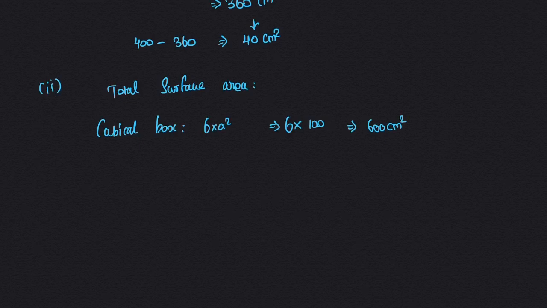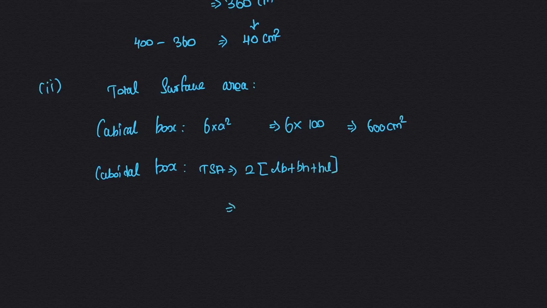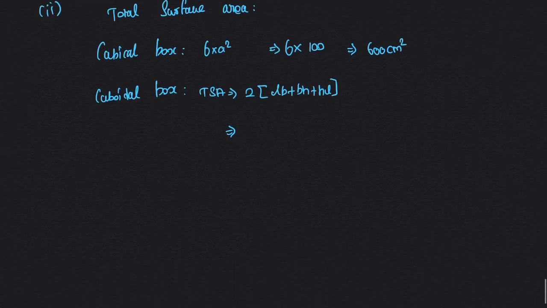Then the cuboidal box. So TSA is 2 times (LB plus BH plus HL). Just substitute the values: 12.5 multiplied by 10 plus 10 multiplied by 8 plus 8 multiplied by 12.5.